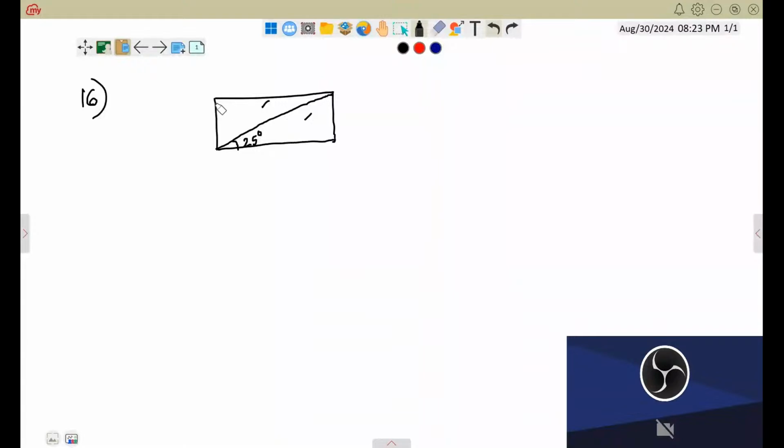So I am drawing another diagonal. Now tell me what is the acute angle. ABCD is a rectangle. And in the question given, angle CAB is 25 degrees.